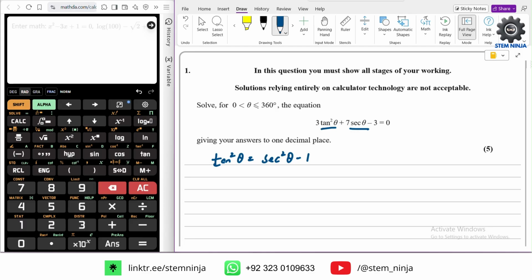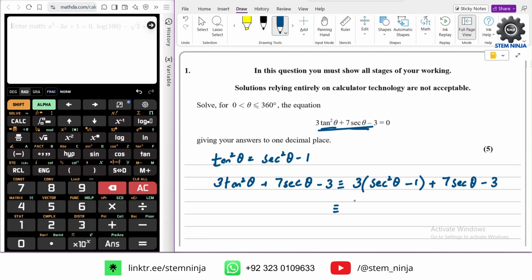So the equation simply becomes 3 tan squared theta plus 7 secant theta minus 3, which can become 3 (secant squared theta minus 1) plus 7 secant theta minus 3.